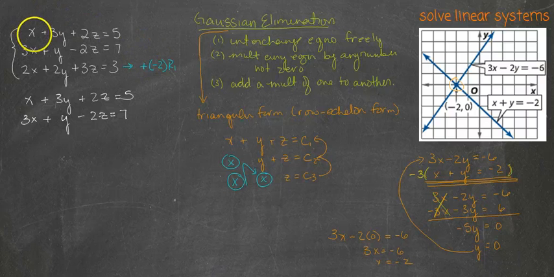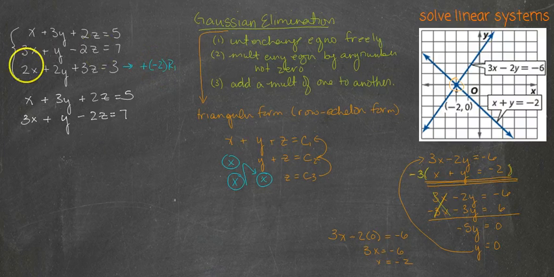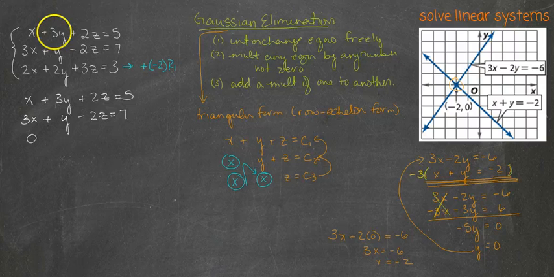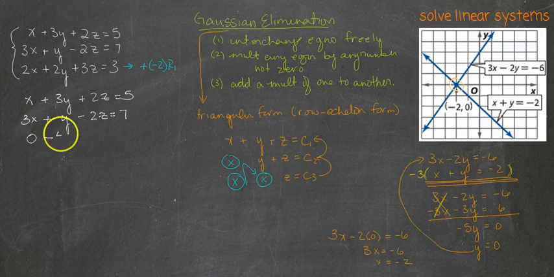I'm going to take it element by element. X times -2 is -2x plus 2x equals 0. That worked. I got rid of this bottom element. And then 3y times negative 2 is negative 6y plus 2, negative 4y.